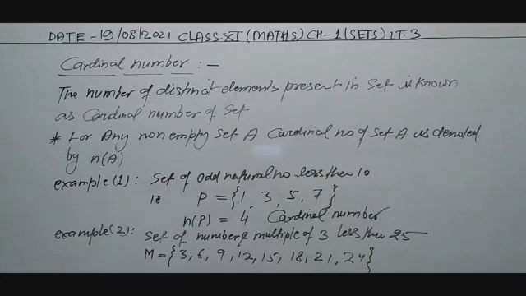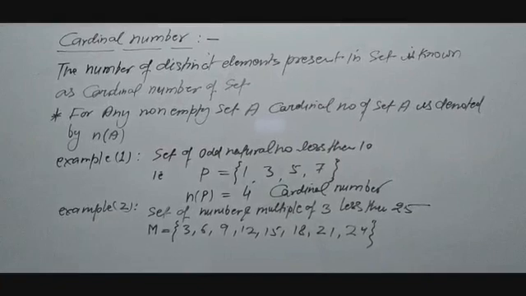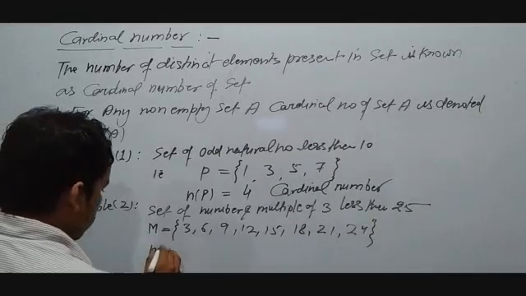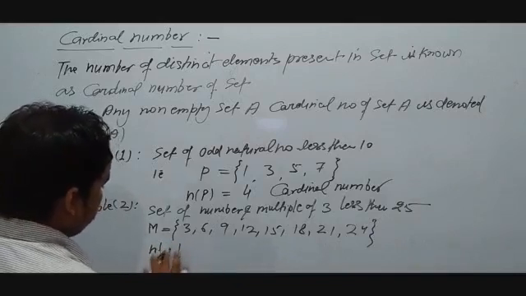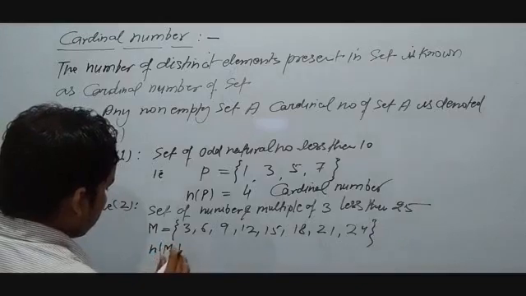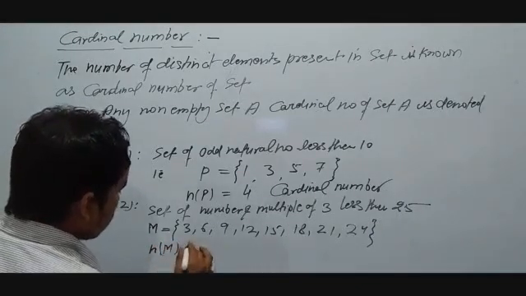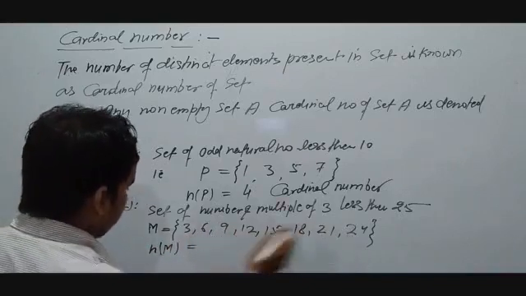So what will be its cardinal number? See. So the cardinal number means n(M). n(M) will be equal to, count it, 1, 2, 3, 4, 5, 6, 7, 8.